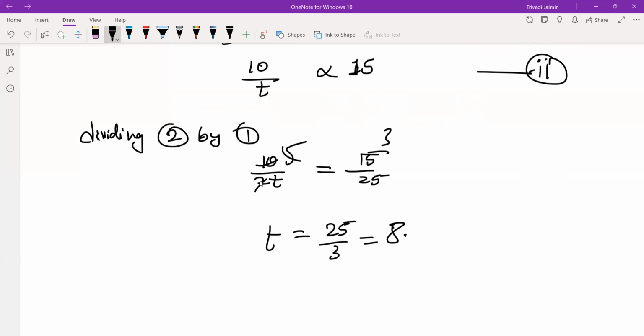How much is this? Check it. This is correct only, no?